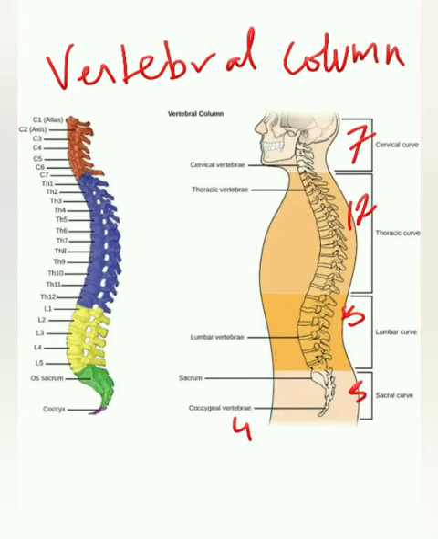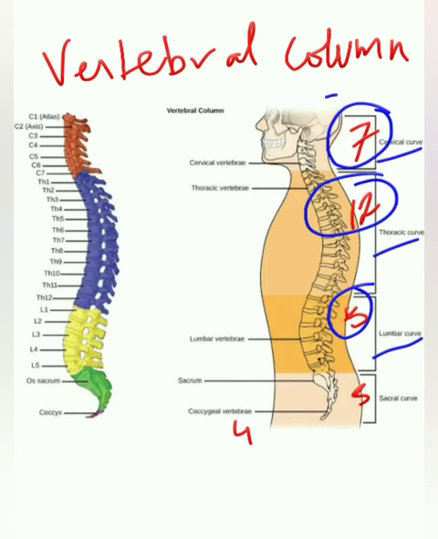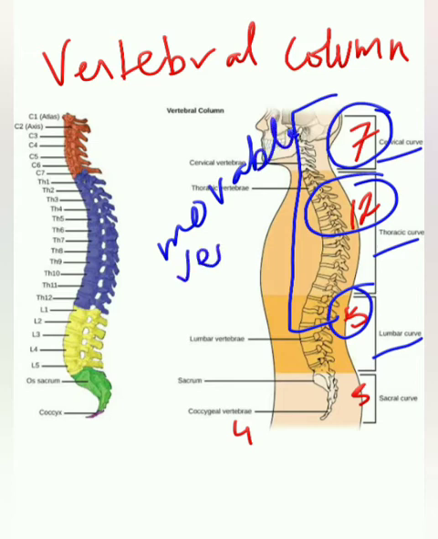The interesting thing is what? The upper 24 vertebra remain separate throughout life. That is 7 plus 12 plus 5, that is cervical, thoracic and lumbar. And these are called movable vertebra.